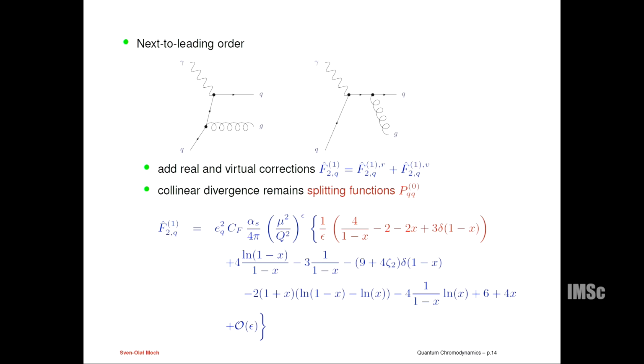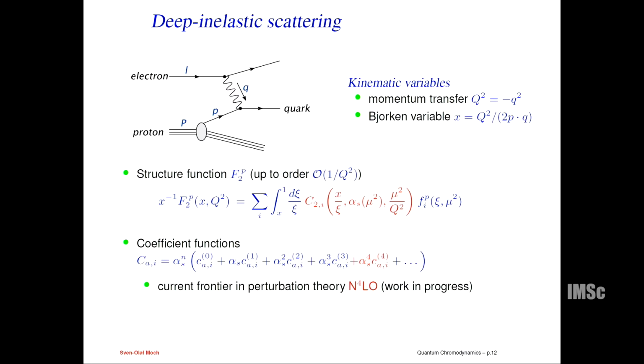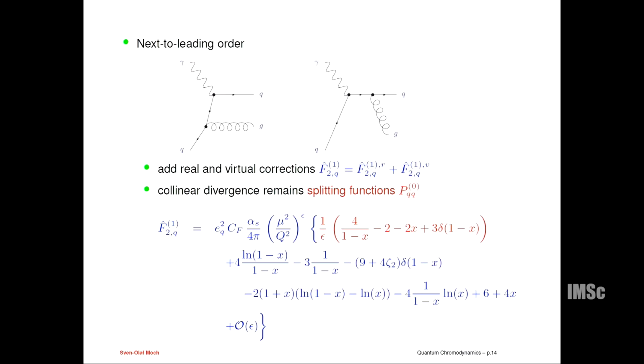So it's a function depending on the parton momentum fraction x, the variable x defined as q squared over the parton momentum times the photon momentum.